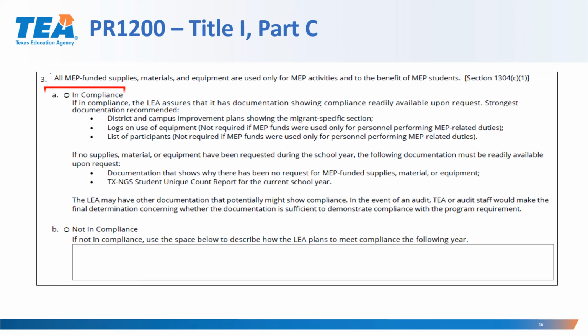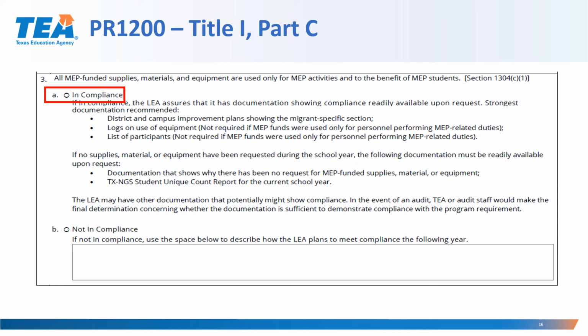If the LEA indicates that they're in compliance, the LEA assures that it has documentation showing compliance readily available upon request, and this is the strongest documentation recommended: district and campus improvement plans showing the migrant-specific section, logs on the use of equipment, not required if MEP funds were used only for personnel performing MEP-related duties, and a list of participants. Again, this is not required if the MEP funds were used only for personnel performing MEP-related duties.